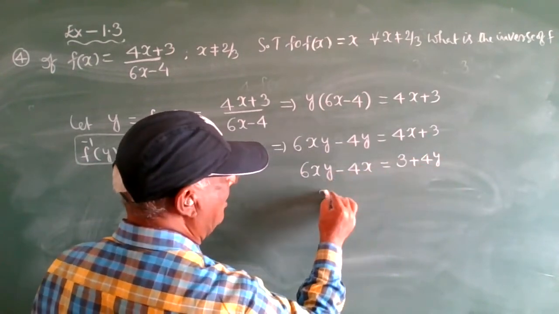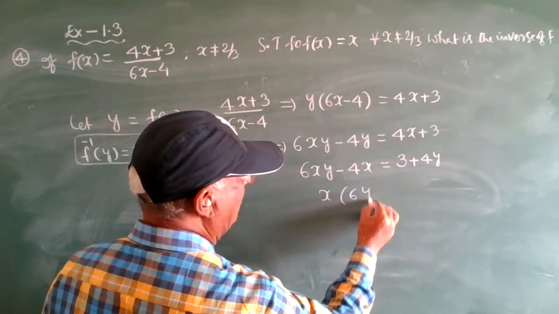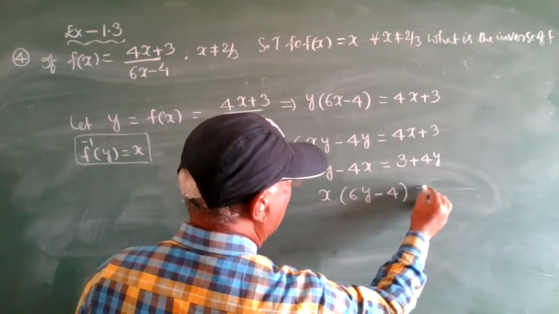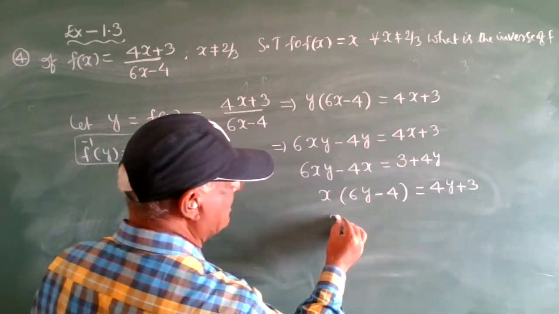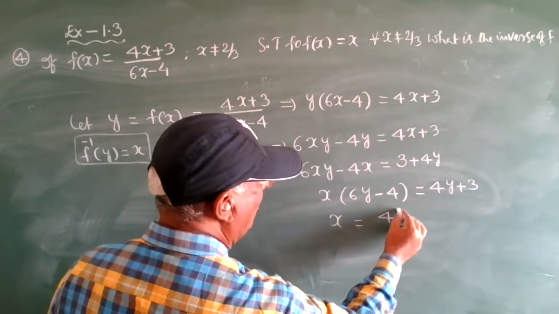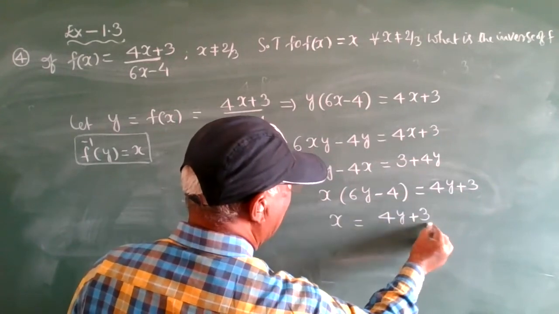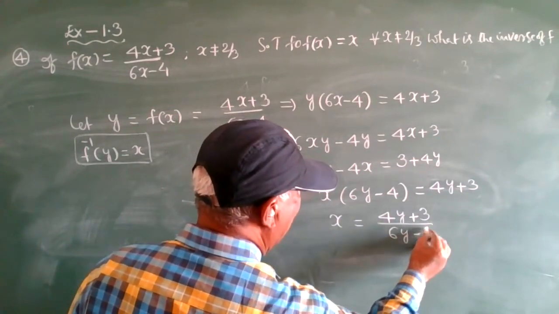Take x common: x(6y - 4) is equal to 4y + 3. Now x is equal to (4y + 3) / (6y - 4).